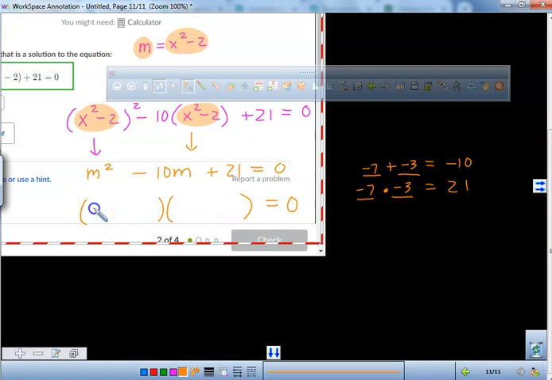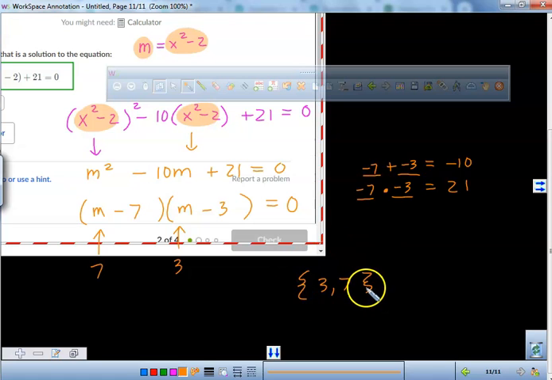So what am I going to put right here? I'm going to put m minus 7 and m minus 3 equals 0. Now, what could be my two solutions for m? I could plug in positive 7 and positive 3, right? So my solution set for m would be 3 and 7.